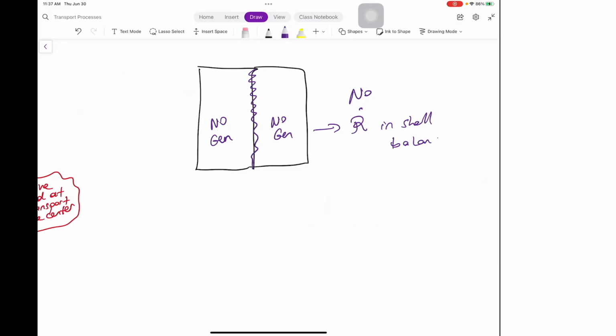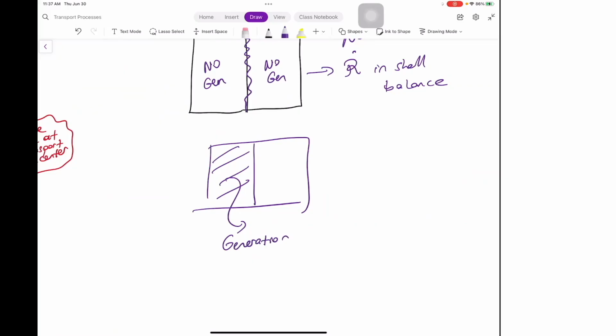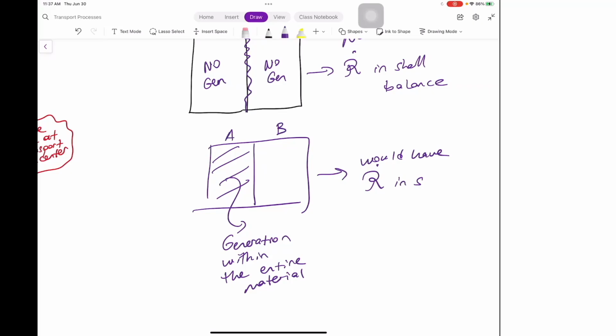But if you have a schematic like this, for example, generation throughout the entire material, then you would have the fancy R dots, the heat generation term in your shell balance on one side, on A type material.